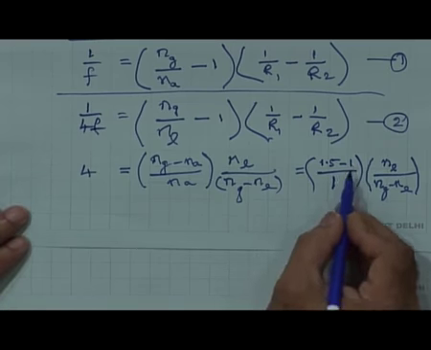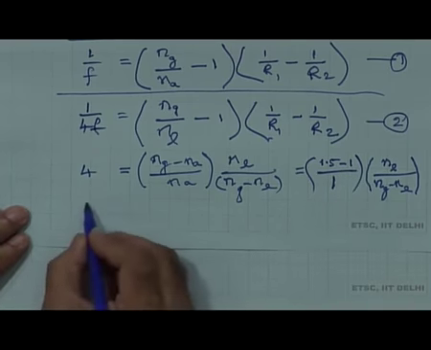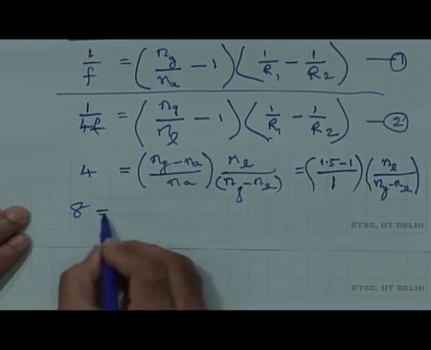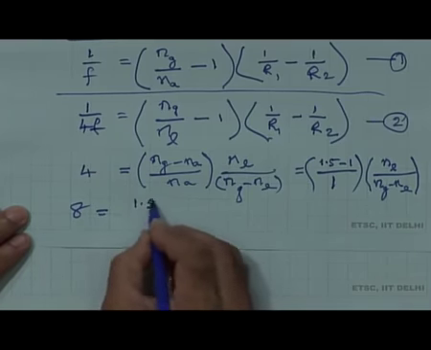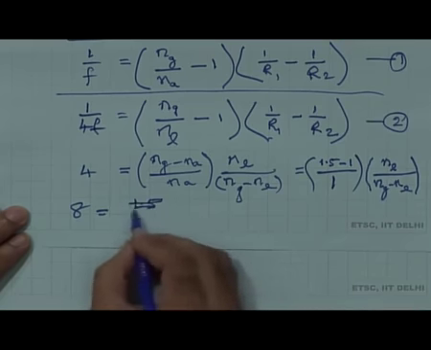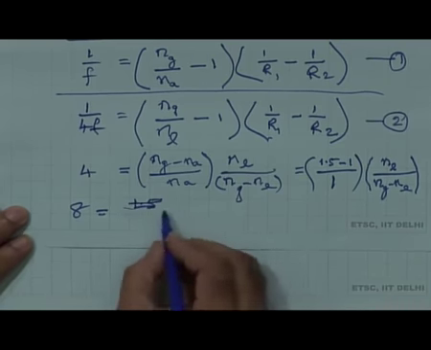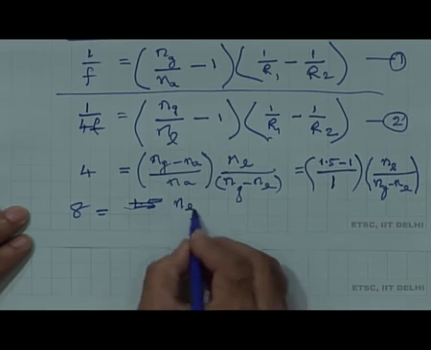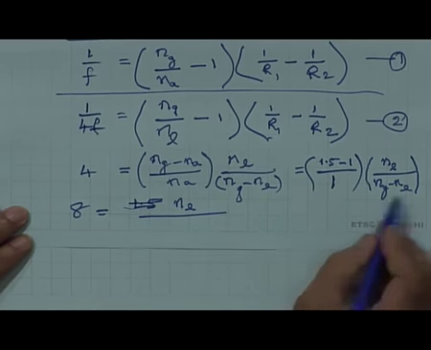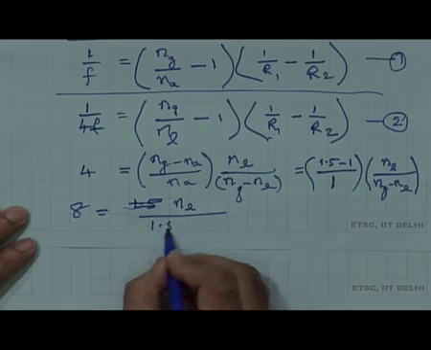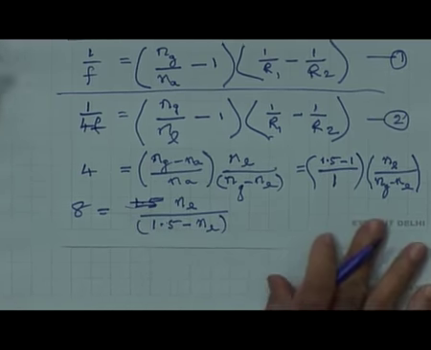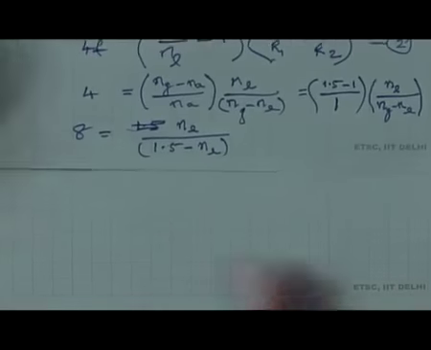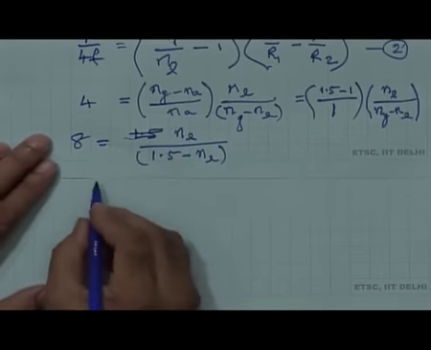So 0.5 goes to the denominator, this will become 8. 8 is equal to NL divided by 1.5 minus NL.